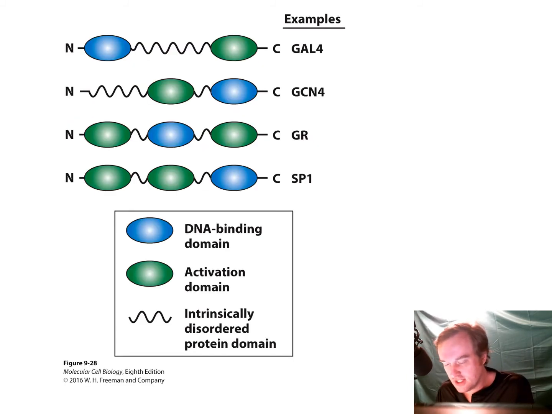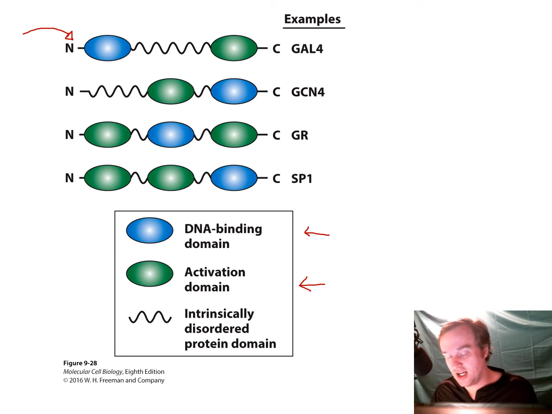So let's talk about activators here briefly. Activators are transcription factors that are responsible for increasing the rate of transcription, and they have two types of domains. They have a DNA binding domain, and they have an activation domain. The activation domain interacts with other proteins, and the DNA binding domain interacts with DNA. They always have one DNA binding domain, but they can have multiple activation domains, and they're modular as well.